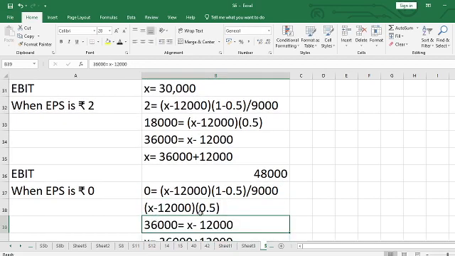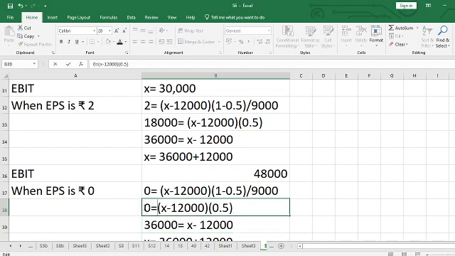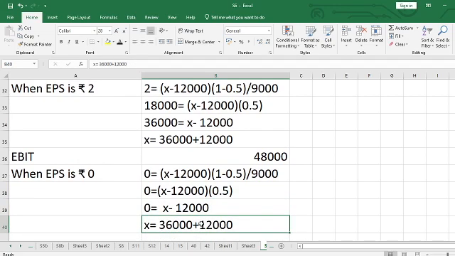Next, when we get 0, 0 divided by 0.5 will also give 0, because 9,000 into 0 will give you 0 here. So 0 is equal to X minus 12,000.